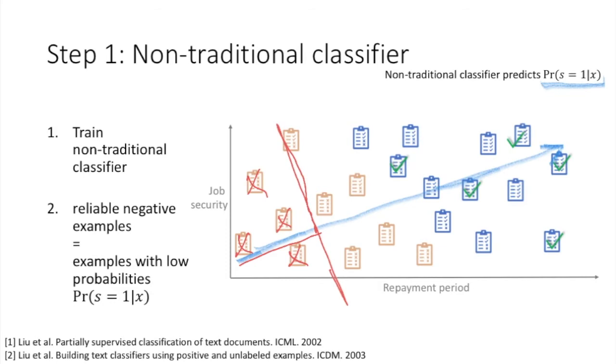Choosing this threshold probability can be quite a hard task. You can also say, okay, let's just take the examples with the lowest probabilities, and let's say just the same amount as the positive examples that we have. So we have 4 labeled positive, so let's take 5 labeled negative, so also include this one additionally.